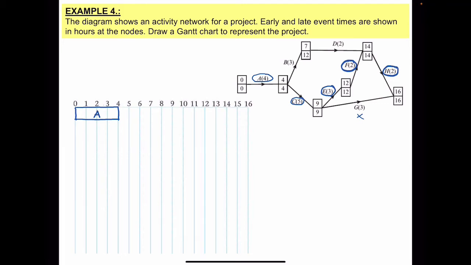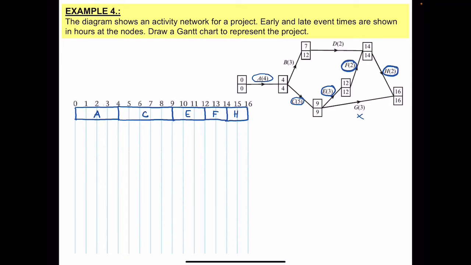Then 4 up to 9 is C. Then next, 3 is the E activity. Next one, F is 2. And the last one is H, also 2. So this also gives me the critical path.